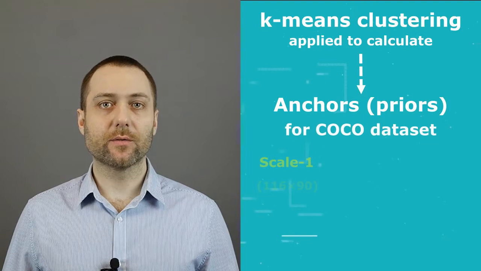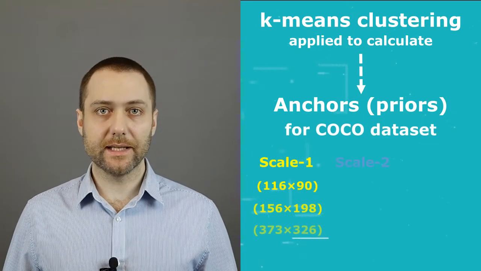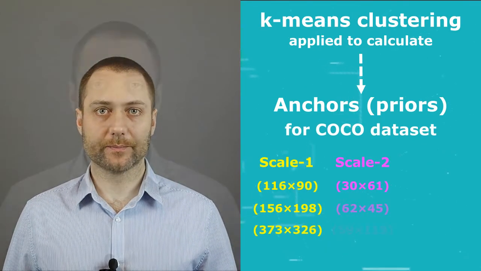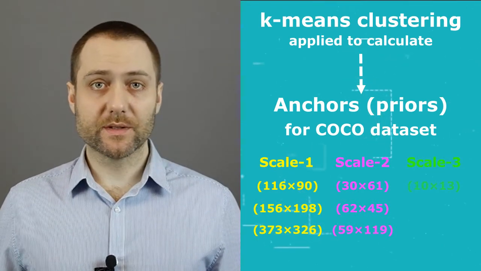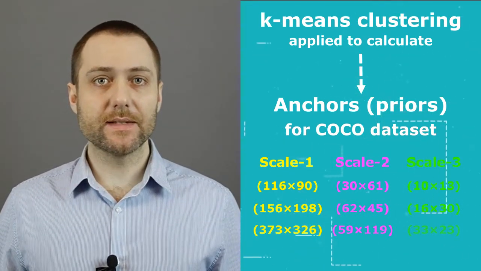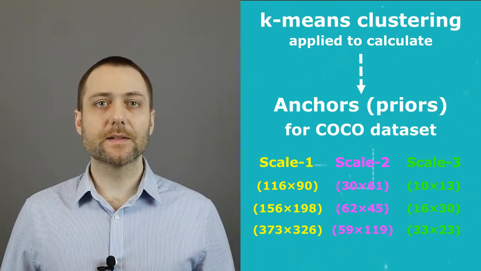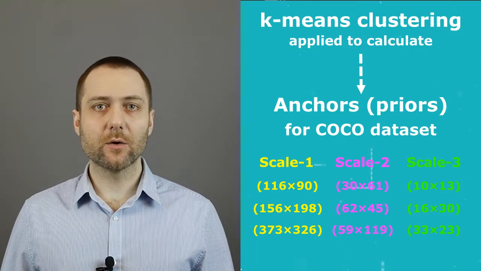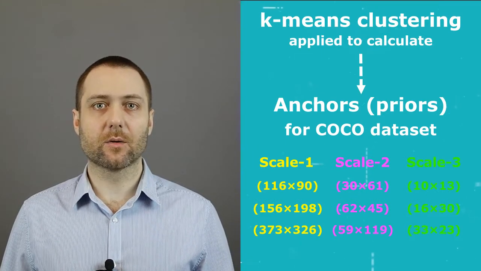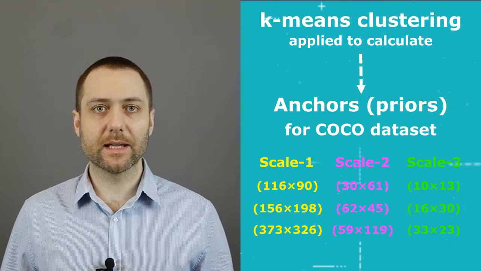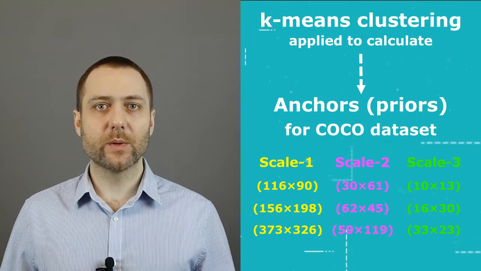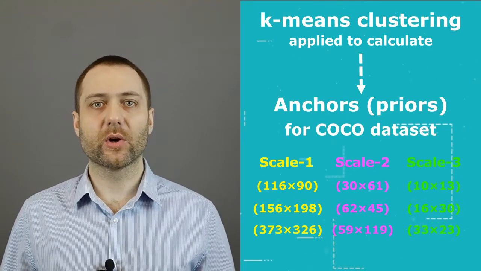The width and height of the 9 anchors for the COCO dataset are as follows. They are grouped according to the scale at 3 separate places in the network. Let's consider a graphical example of how one of the 3 anchor boxes is chosen to calculate later the real width and real height of the predicted bounding box.